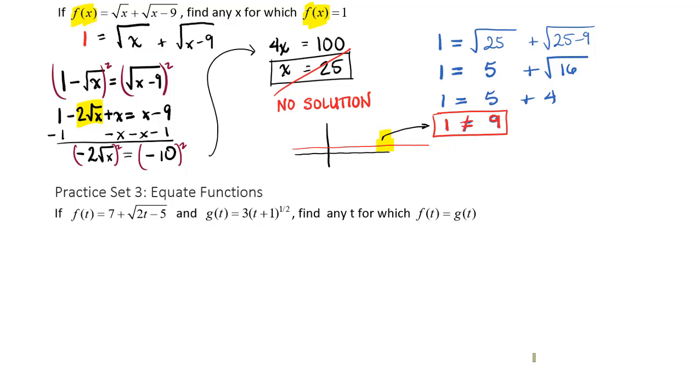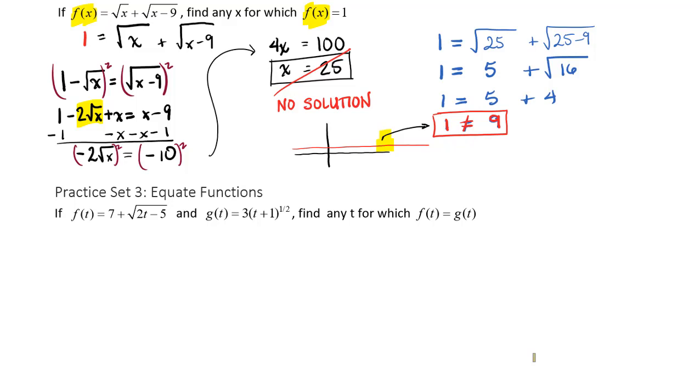In practice set 3, we need to equate the functions. So we're given f of t equals 7 plus root 2t minus 5, and g of t, which is equal to 3 times the quantity t plus 1 raised to the 1/2. Well, remember, something raised to the 1/2 is just a radical, a square root. And we need to find any t for which f of t equals g of t.